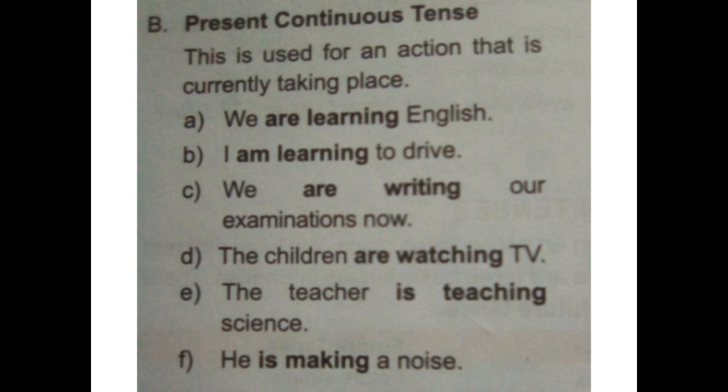But here, when we are referring to continuous tenses, whether it is in the present form or in the past form or in the future form, the verb is in the present participle form, the ing form. Well, that's another topic for next time.